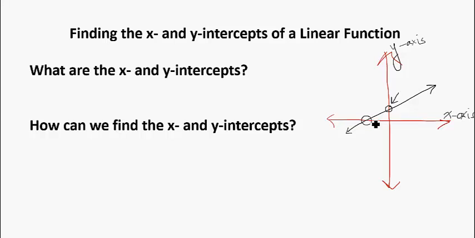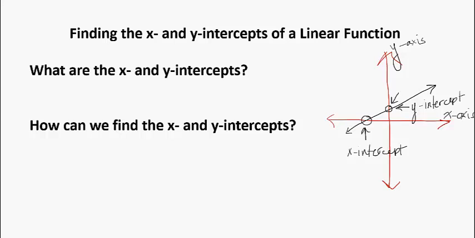These points of intersection are the x and y intercepts. Specifically, the point where the graph crosses the y-axis is the y-intercept, and the point where the graph crosses the x-axis is the x-intercept.